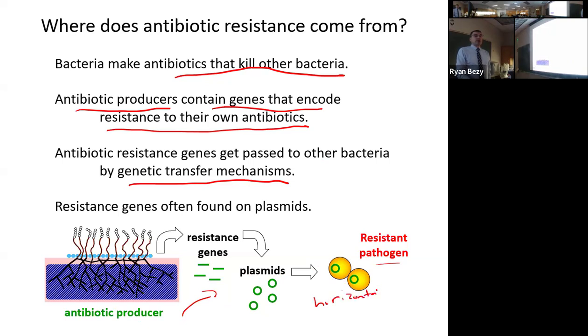And guess what? Now you have a resistant pathogen. So sometimes these genes hop from one species to another to another. And if a resistance gene hops into a pathogen, you now have an antibiotic-resistant pathogen.